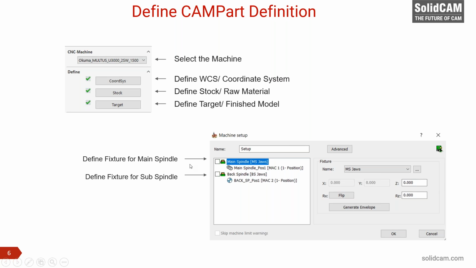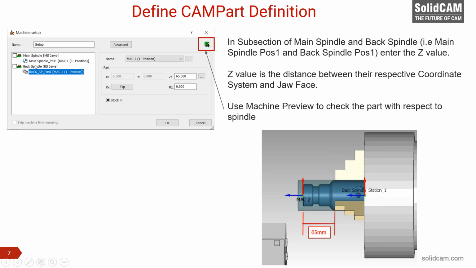And here we have to define the fixture for main spindle in the main spindle section. You can define the jaws, or if you have any 3D model as fixture, we can do that. We can also define the fixture for sub spindle here in the back spindle. And there are even subsections in the main spindle, that is main spindle post 1, and there is a subsection for back spindle, that is back spindle post 1.